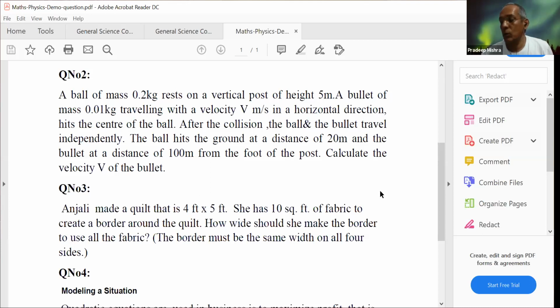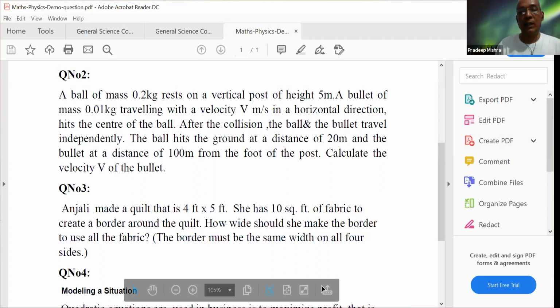A bullet of mass 0.01 kg. And the ball hits the ground at a distance of 20 meter and the bullet at a distance of 100 meter. So I will first explain to you. I will share the screen with you.